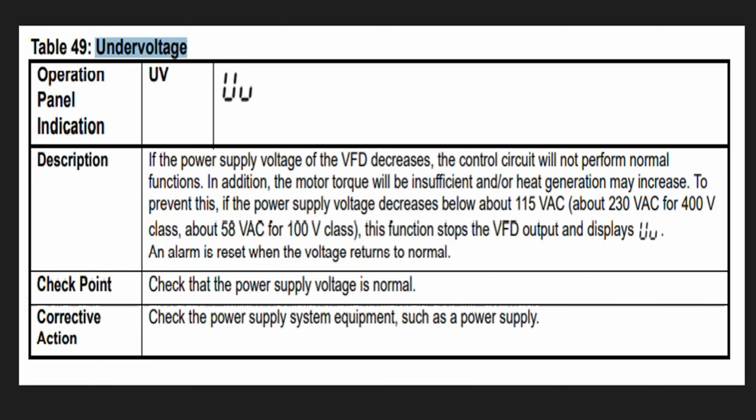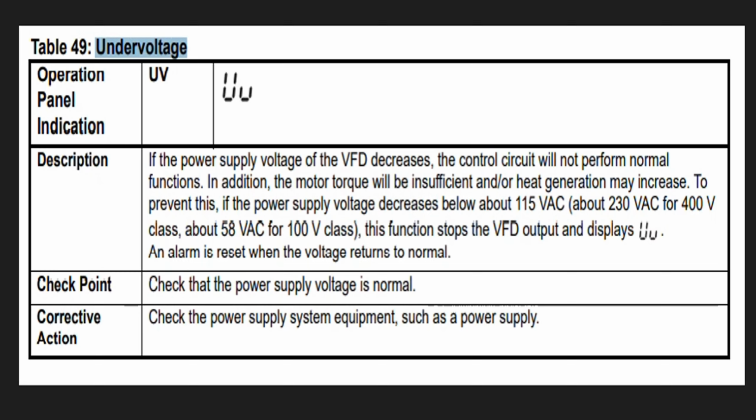Error code UV, it's an under voltage alarm. When it occurs, what happens? The VFD trips with this alarm, and when power is stable and DC is generated properly, it starts again.